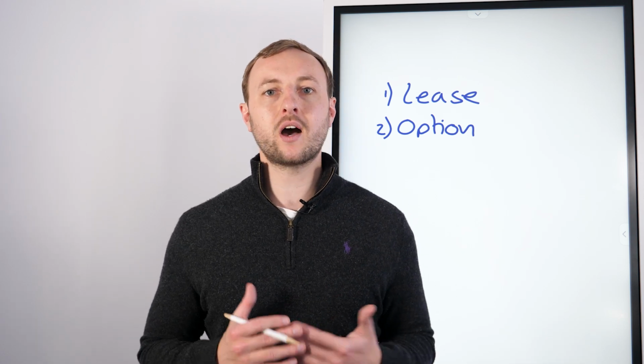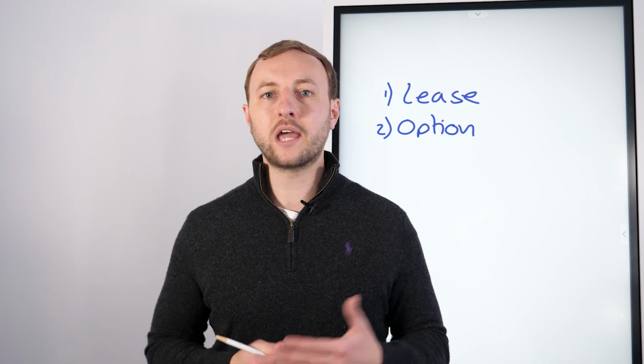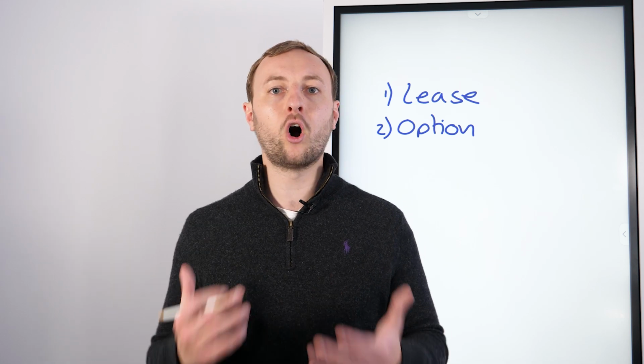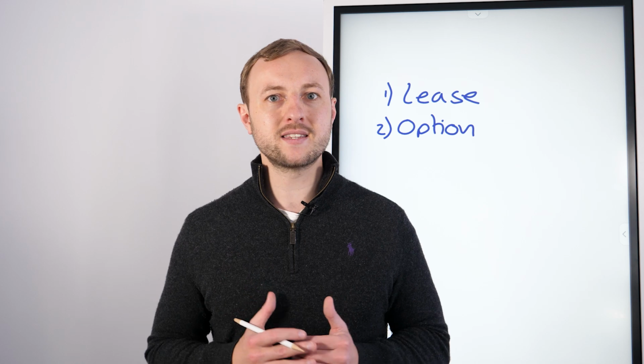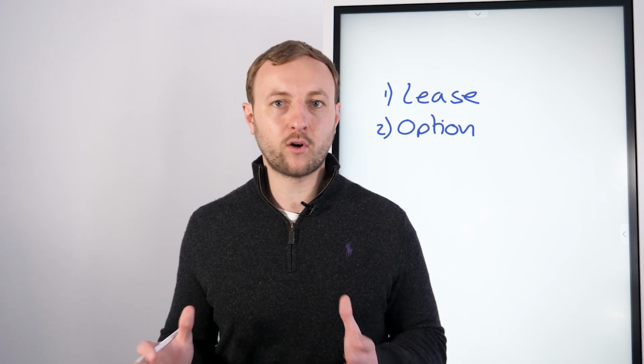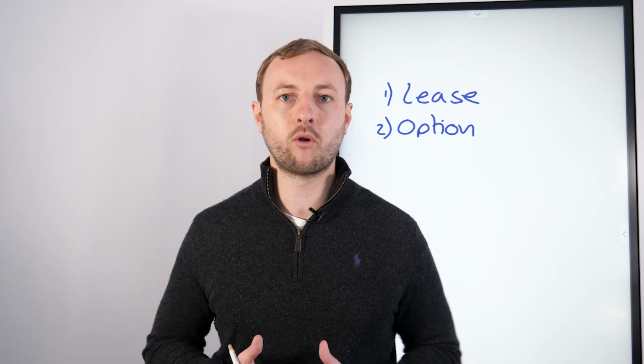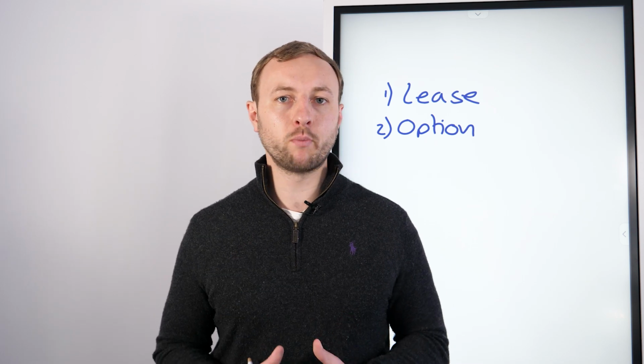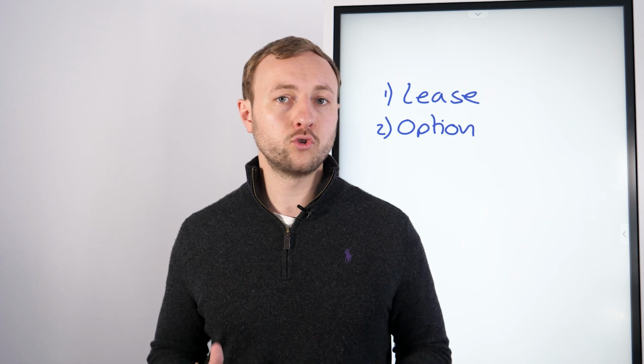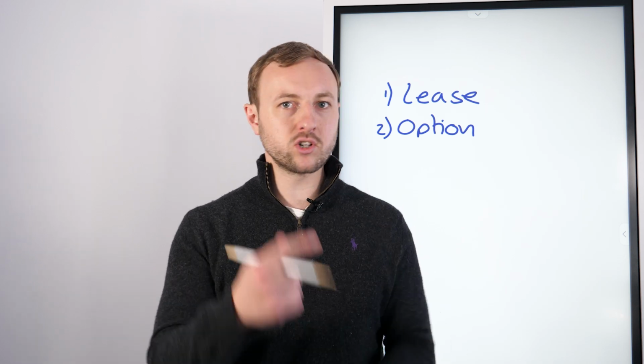For example, let's say I had an option on your property, a 5-year option at £100,000. What that means is at any point within that 5 years, could be 1 month from now, could be month 60, which is 5 years from now, I can buy that property from you for £100,000. Let's reverse that round.